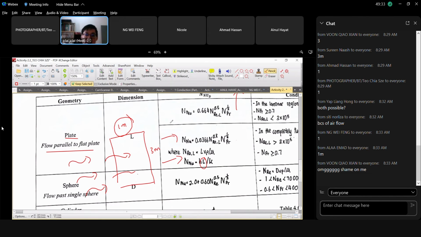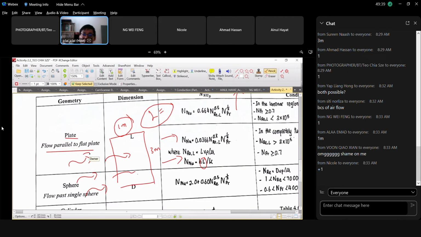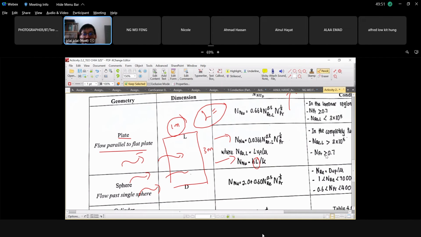So L is the length that is parallel to the flat plate. This is a popular question in tests, in the final. Purposely we come out with this kind of plate so that you can make mistakes. Then we are happy when we mark the question.